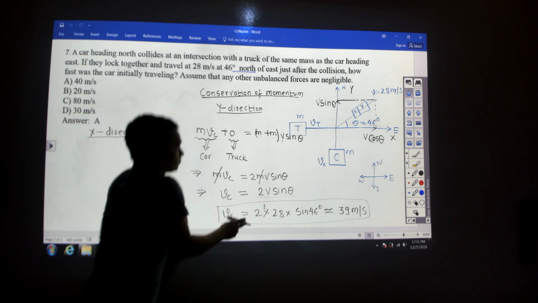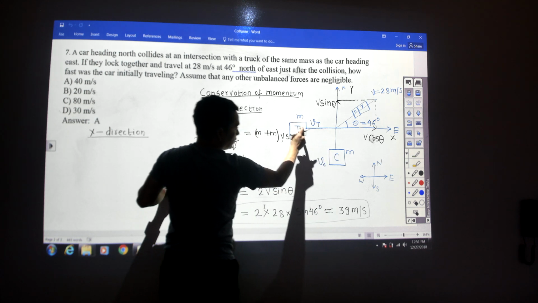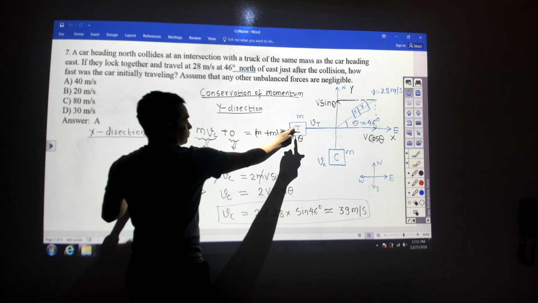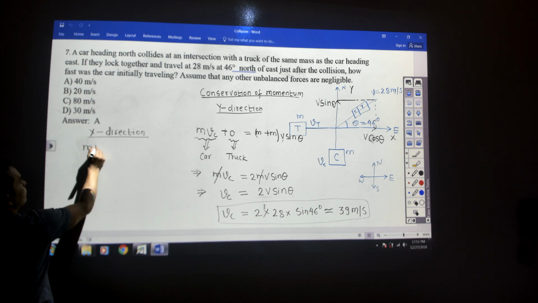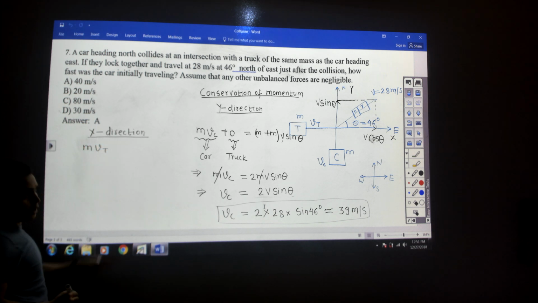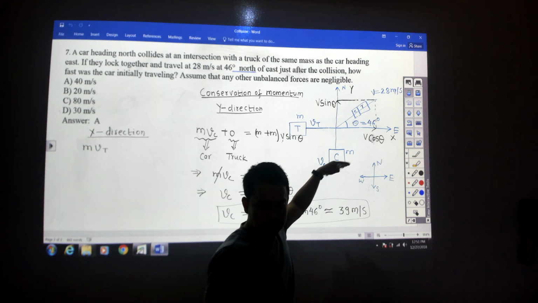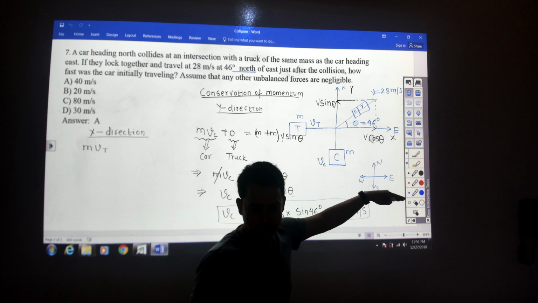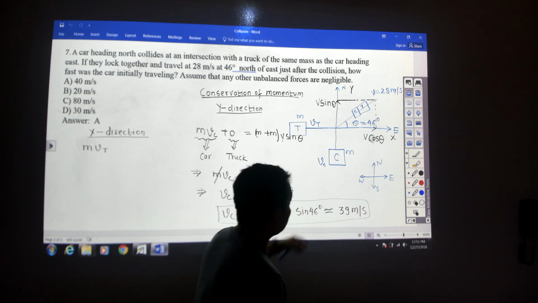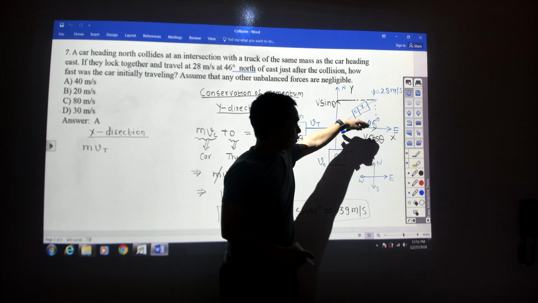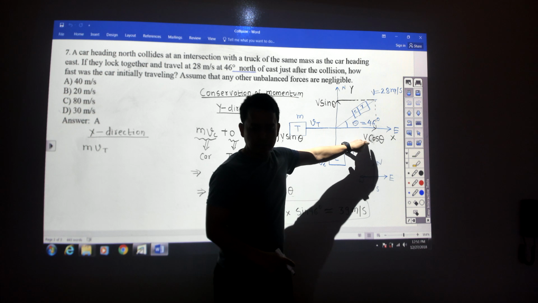Now, the truck is moving along the x-axis and the car is moving along the y-axis. The initial momentum of the truck is mass times velocity. The car does not have any component along the x-axis. After colliding, the velocity component along the x-axis is v cosine theta.